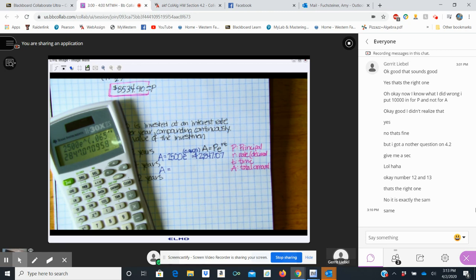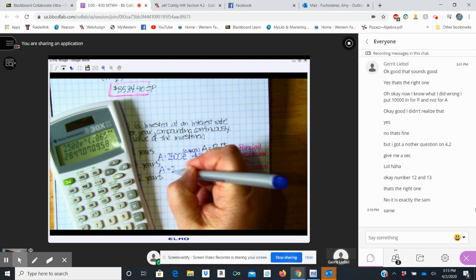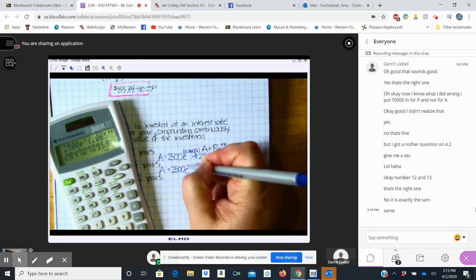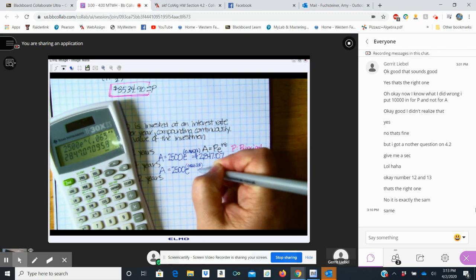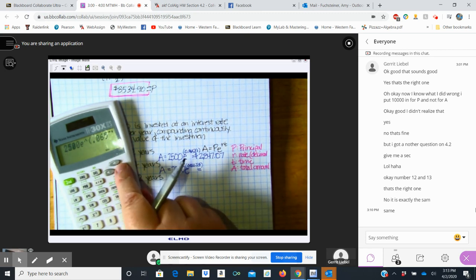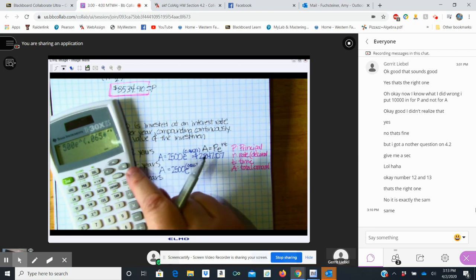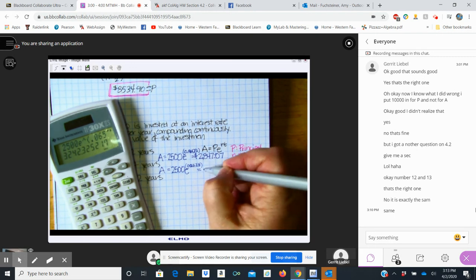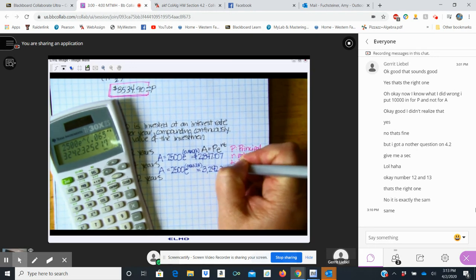Part B would be the same. It's just that my years are going to change from 2 to 4. I think you have a different calculator here. That's okay. And I get $3,242.33.